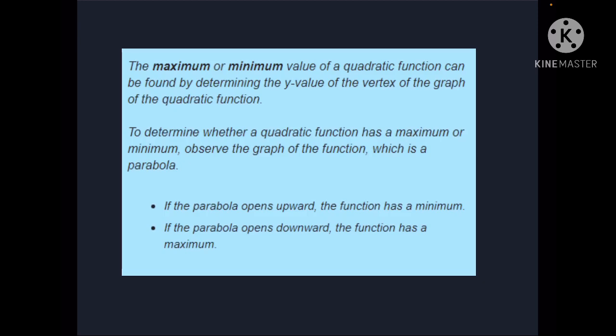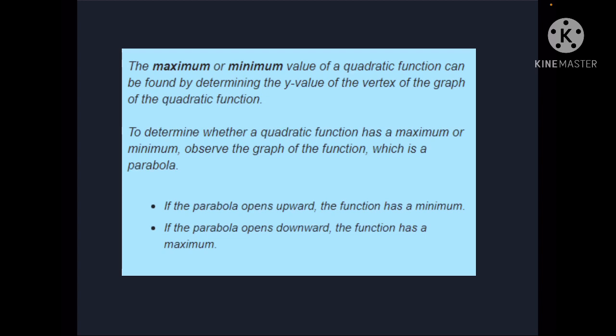Moving on to the next characteristic of a quadratic function or parabola: the minimum or maximum value. The maximum value is the highest value, or highest y, or highest range in the parabola, while the minimum value is the smallest or lowest range or point in the parabola.